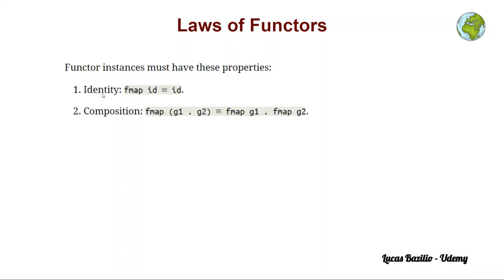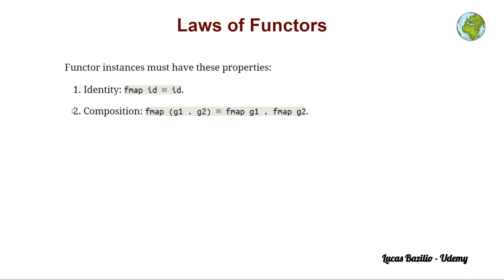The identity law tells us that if we make an f-map of the identity function, this is equivalent as if we had applied the identity function. This means that when we apply the identity function to a container with some value, it is like if we hadn't done anything, because we are left with the same container with its same value, which makes total sense.